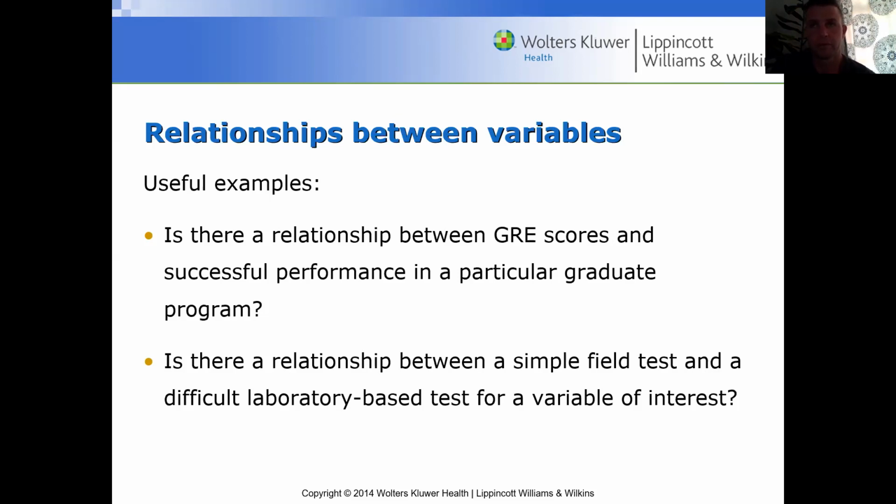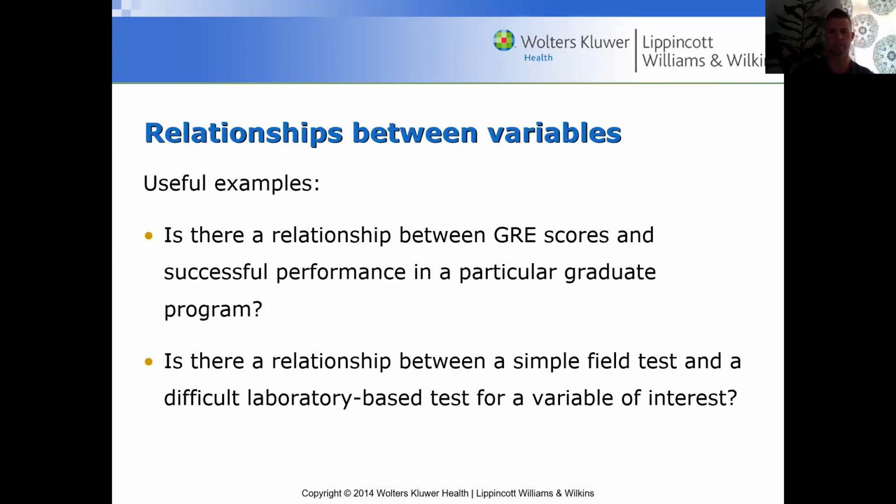If people are taking it and those that have the highest GRE scores don't necessarily finish graduate school or do well in graduate school, and those who are not actually doing that well on the test are actually your top performers, well, then the test isn't really testing what it's supposed to be testing for, right? The GRE is supposed to say those with high scores are the ones you want. These are the folks that we feel are going to be successful in graduate school, right? And so that's why you look for something like that.